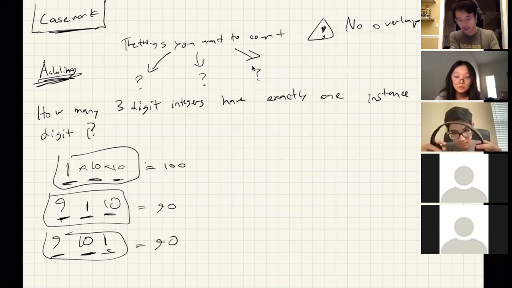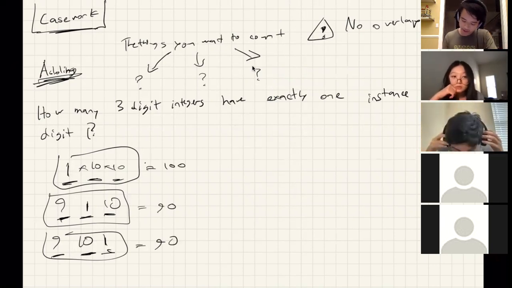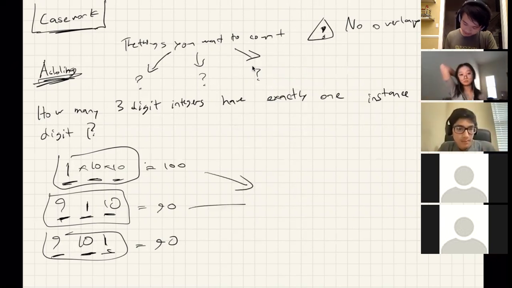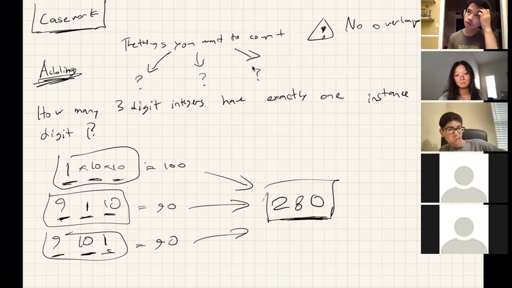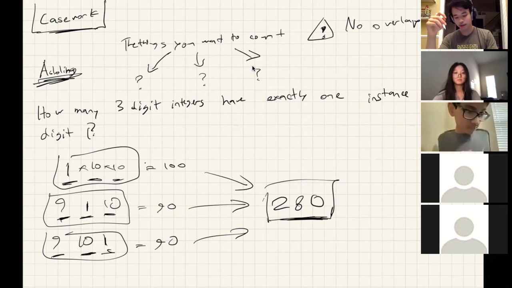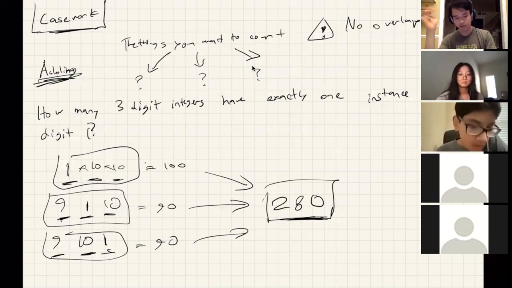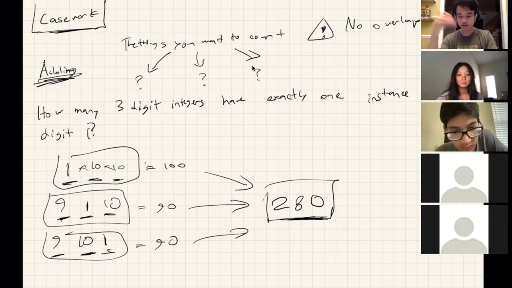And the trick is that you can add these up to get the total answer, right? So that's the beauty of casework counting. Casework counting is all about splitting something that's a little bit weird to deal with into parts that are more easily manageable.